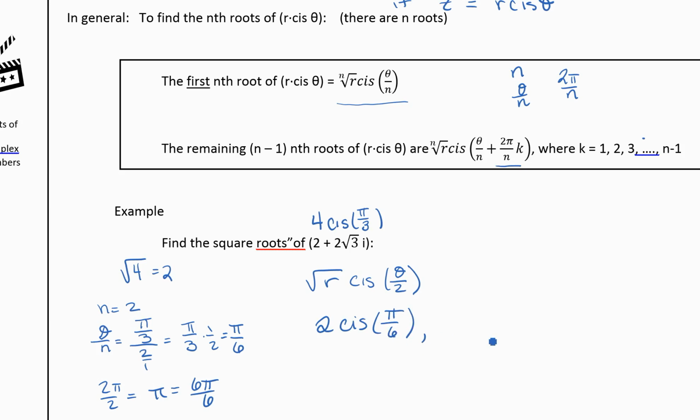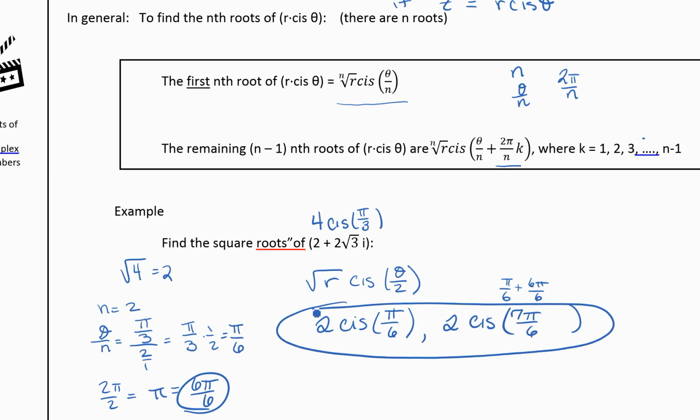Our next one, we'd only have one more since it's the square roots, we'll still have the 2. We'll have cis, and what we're going to put in here is pi over 6 plus this 2 pi over n that we found, plus 6 pi over 6. So this will be 7 pi over 6. And those will be our 2 square roots.